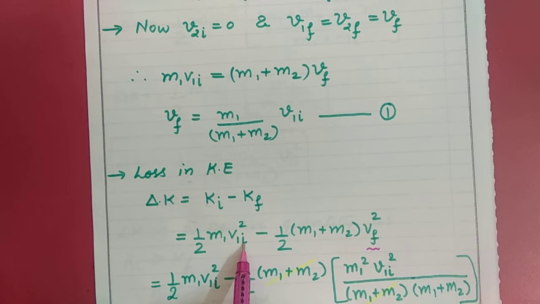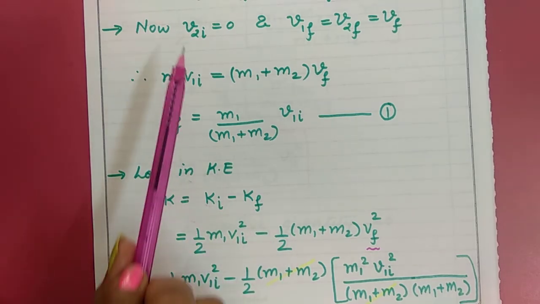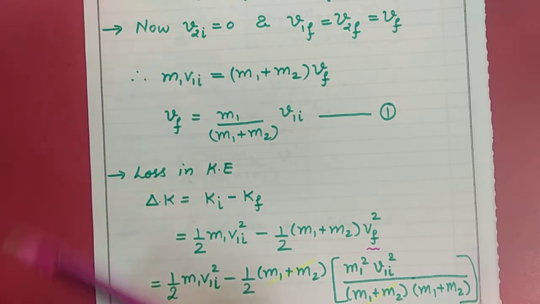This is initial velocity of ball 1. This is mass of ball 1. So this is initial kinetic energy of ball 1. Initial kinetic energy of ball 2 मैंने यहाँ पर नहीं लिखा है, and the reason is initial velocity of ball 2 कैसा था? 0 था. So initial kinetic energy of ball 2 कैसी है? 0 है. So वो term मैंने यहाँ नहीं लिखी है.